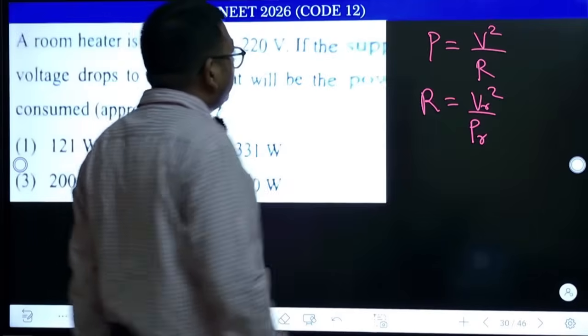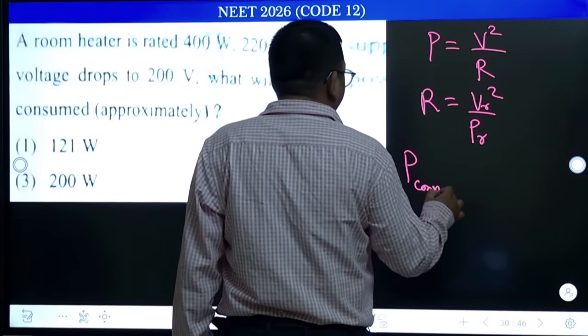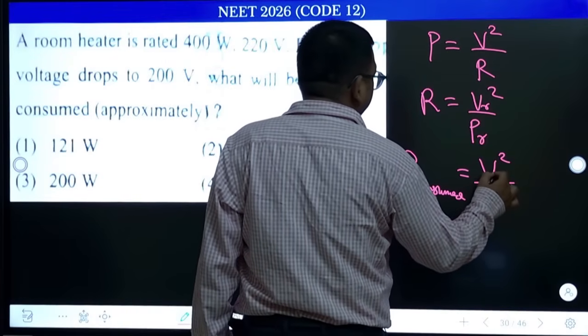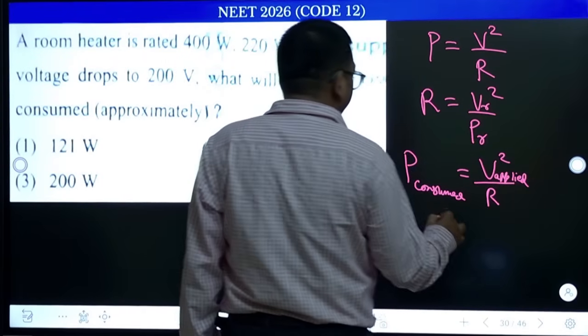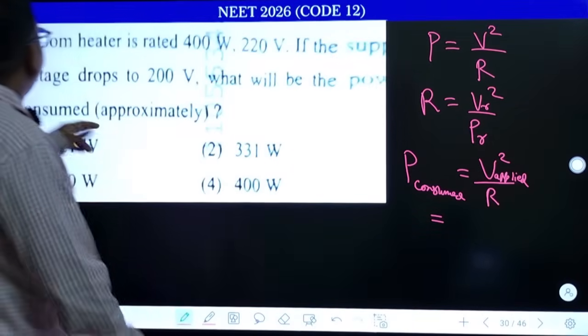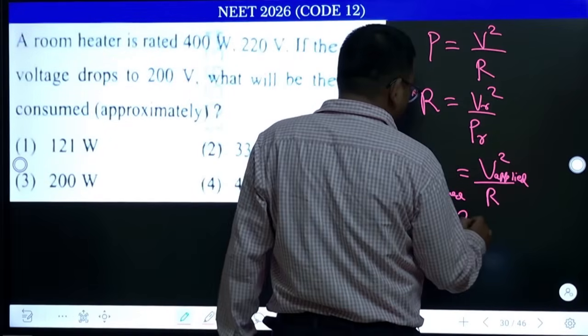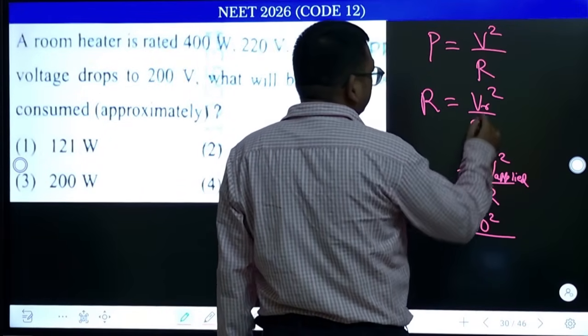Then power developed is V square by R, but now this V is the applied voltage, because the applied voltage has now changed. What is the applied voltage? 200.